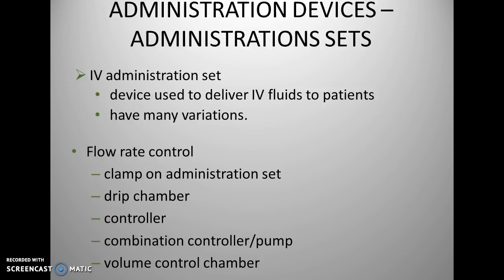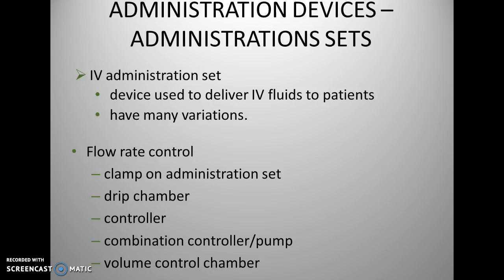And so these run by gravity, and many times you can have a controller that will give a particular type of flow rate into the patient. So flow rate controls are varied.